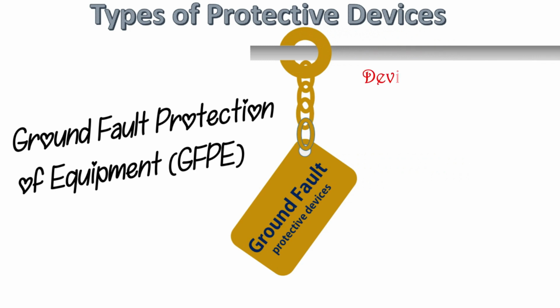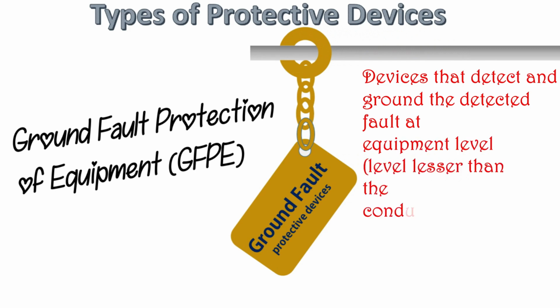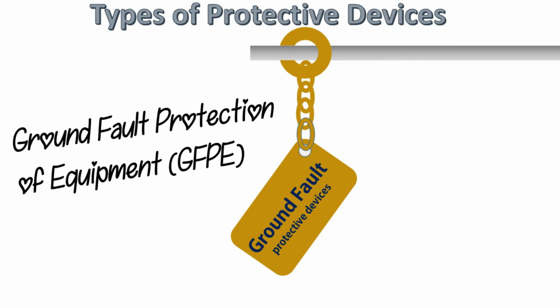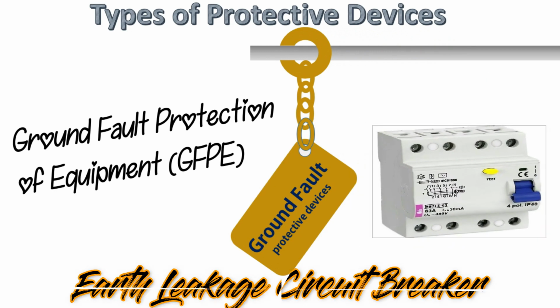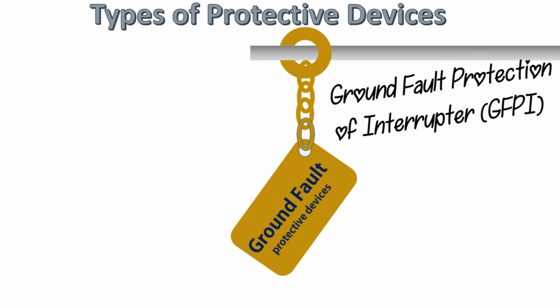The GFPE are used to sense and guard against electrical fault at the equipment level, I mean levels lesser than the conductor current levels. Their example includes the ELCB, which has been deprecated.